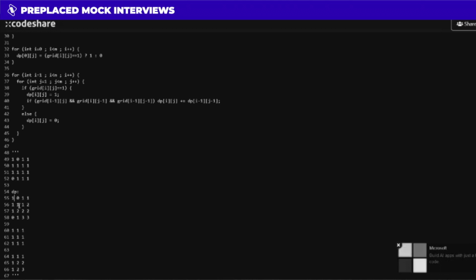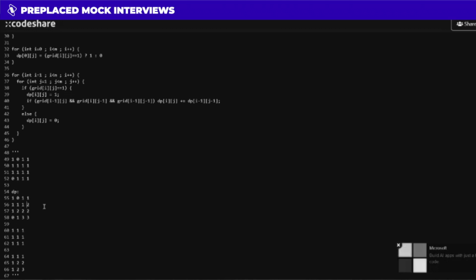Okay, sure. So this is 1, 0, 1, 1. The base cases are right because they're just the elements of the grid. Here I'd say the minimum is 0 and that plus 1 is 1. That's correct. And here the minimum is 0 again and plus 1 is 1.